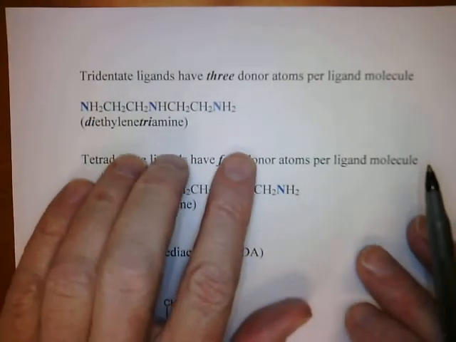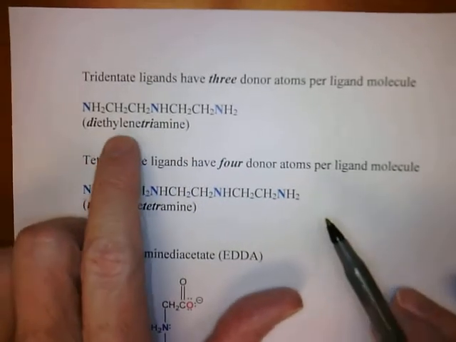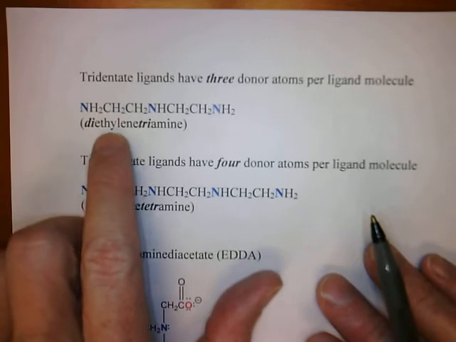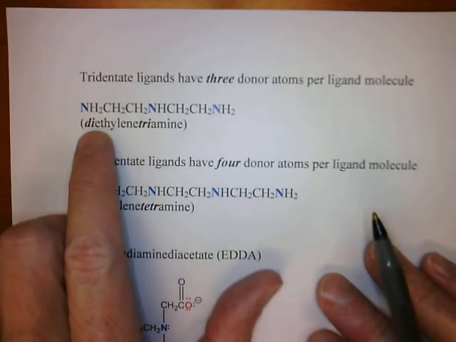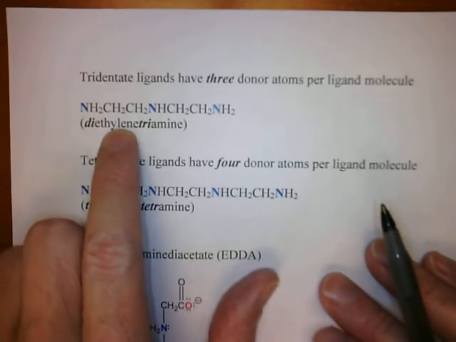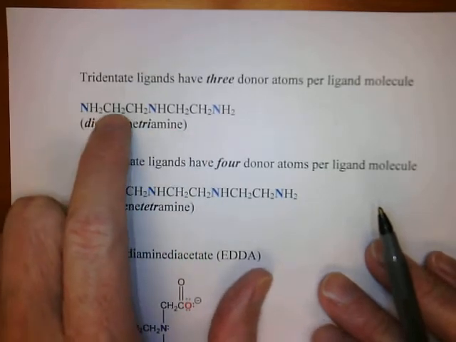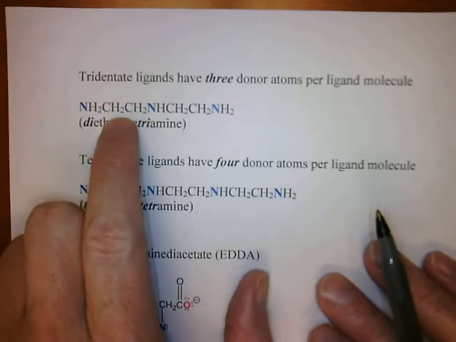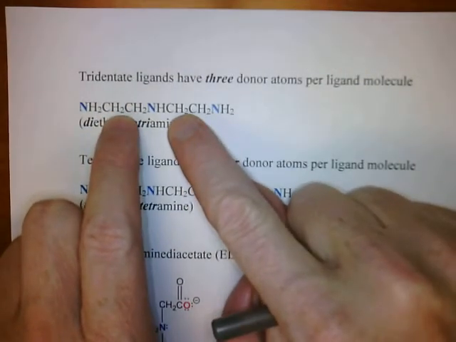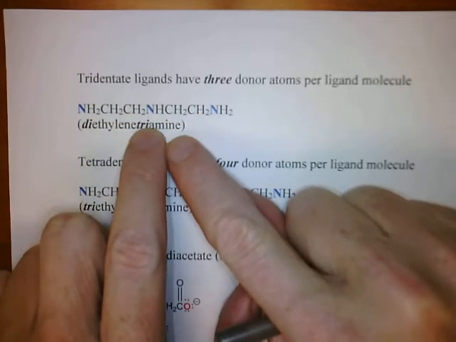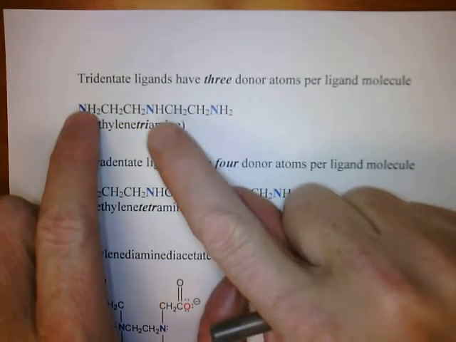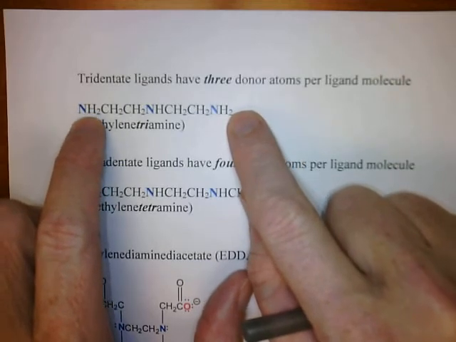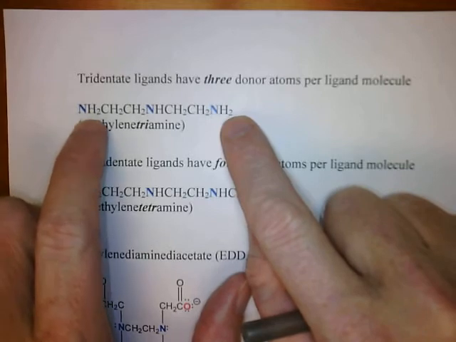Now I want you to think a little bit about what this common name is telling you. An ethylene linkage is the CH2CH2. So diethylene means you have 2 ethylene linkages, one here and one here. And it's a triamine, so you have 3 nitrogen donors. You'd have unshared pairs on each of those nitrogens.